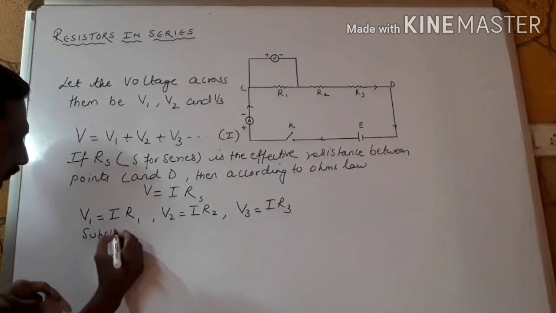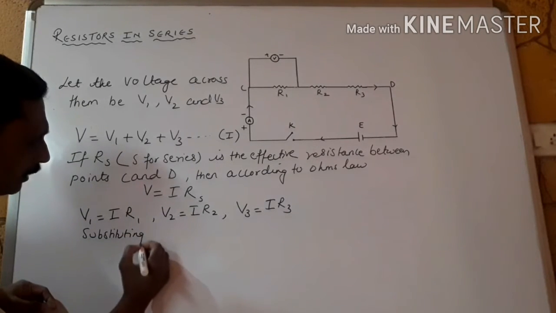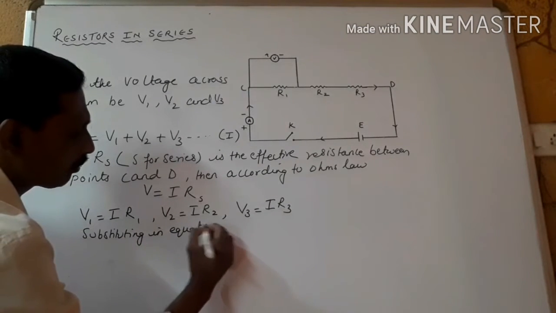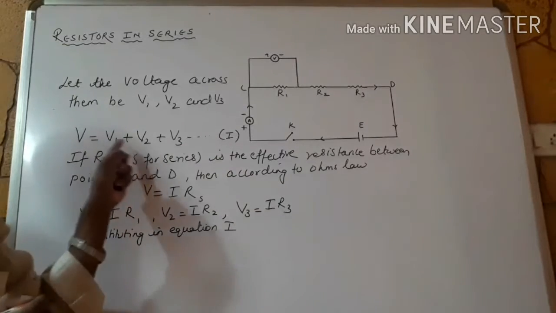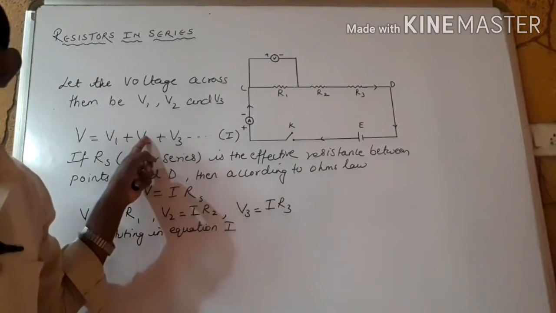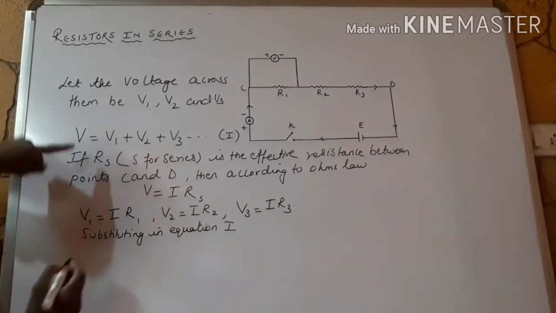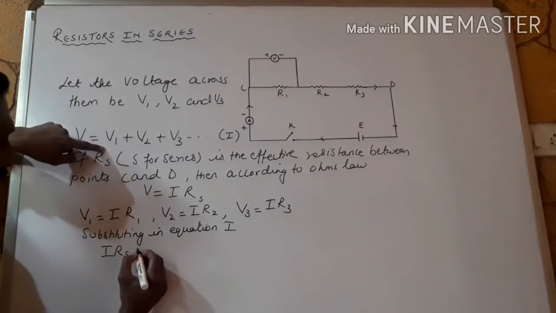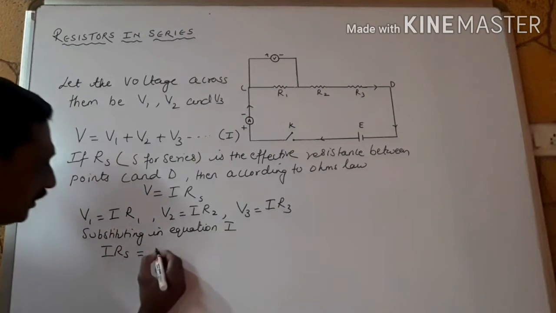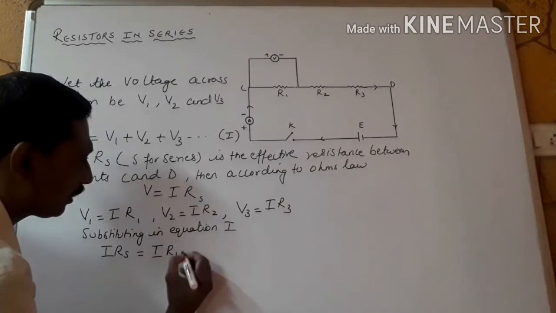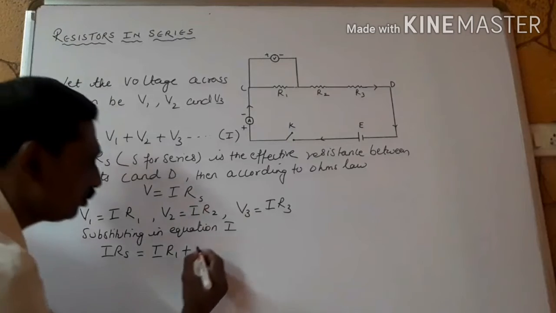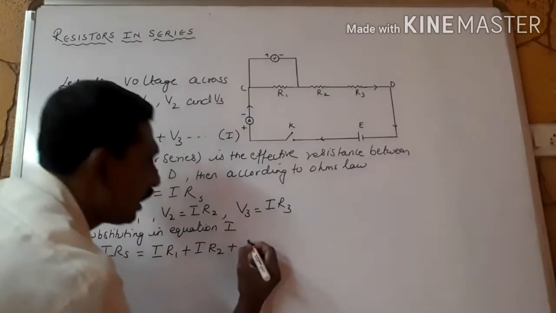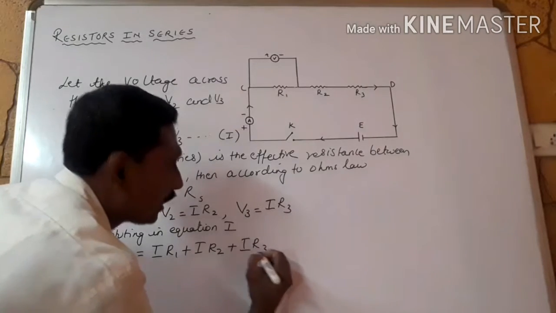Substituting in equation 1. And what is equation 1? V is equal to V1 plus V2 plus V3. Therefore V is I into RS, which is equal to I into R1 plus I into R2 plus I into R3.